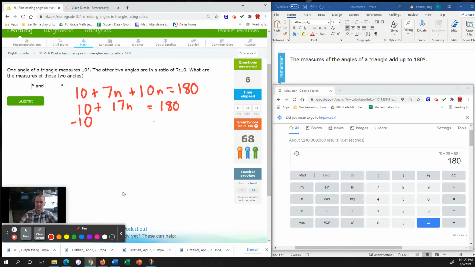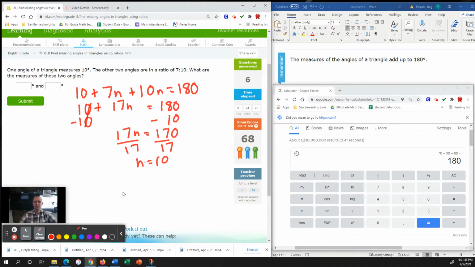So yes, subtract 10 and minus 10 here. So 10s cancel out. We have 17n equals 180 minus 10 is 170. And 17s divide, and n equals 10.